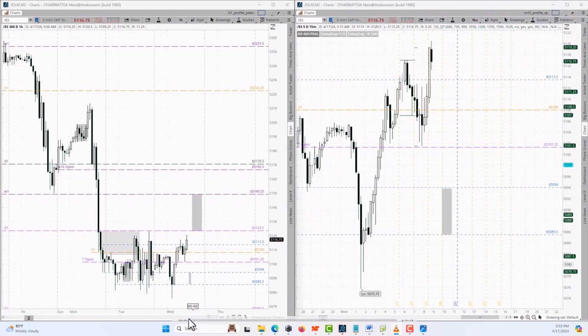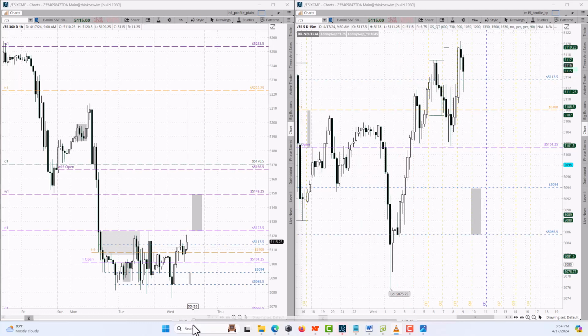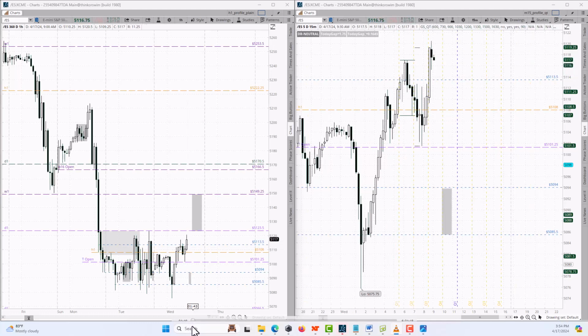Let me rewind. You see, when we see the huge candle right there at 9:15, we thought it was going to be a breakout, and that's just a pullback. Look at 9:30. Wow, look at 9:30.